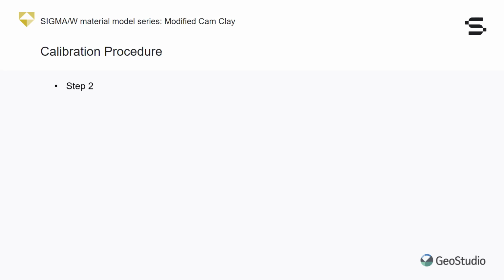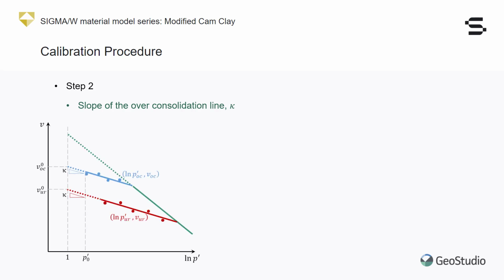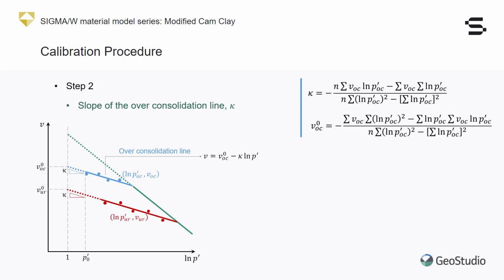The second step of the calibration procedure is to estimate the slope of the overconsolidation line, or kappa. For an overconsolidated soil, kappa is the slope of the overconsolidation line and represents the elastic response of the sample. The trends of the measured values of P' and V in this branch of the graph can be projected to a straight line. The slope and y-intercept of this line can be calculated directly using the method of least squares.